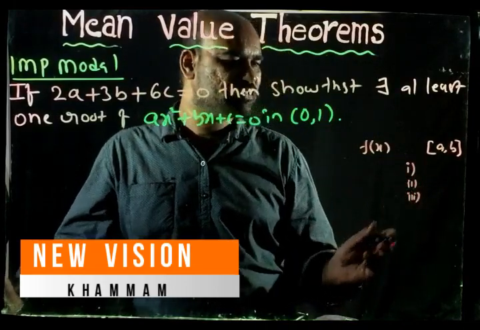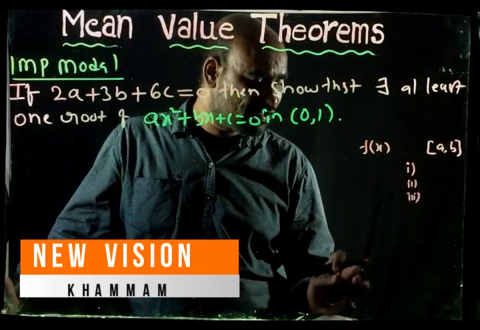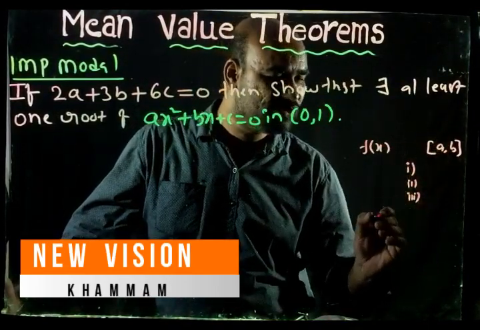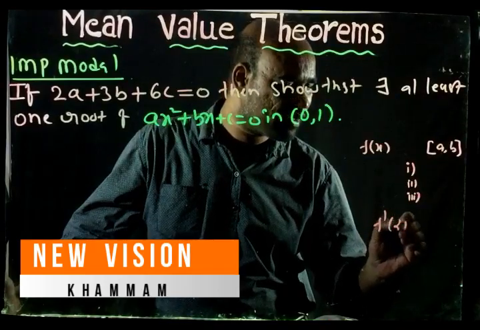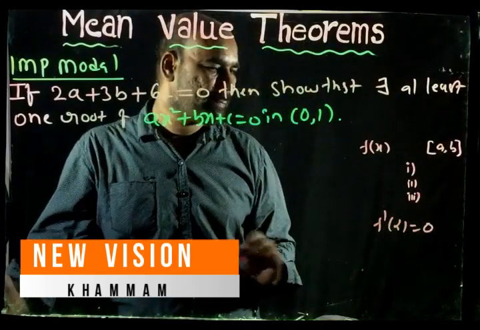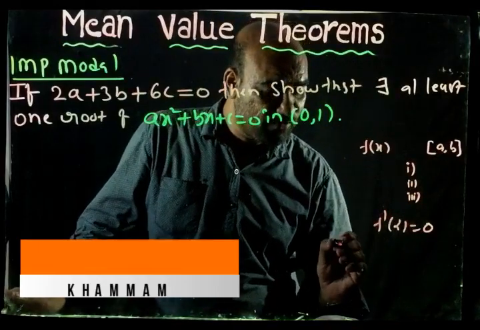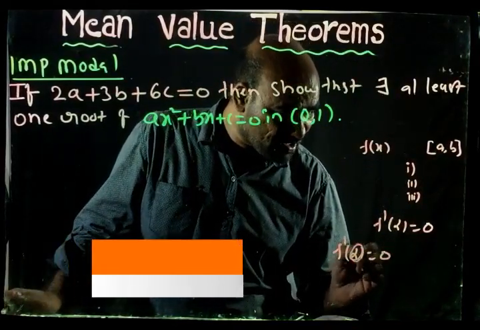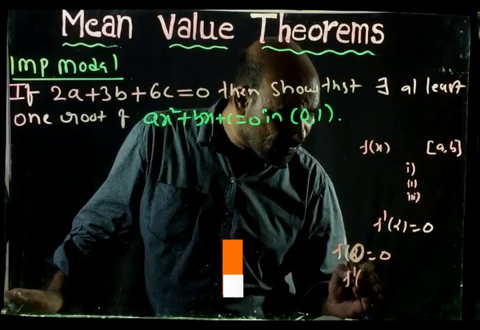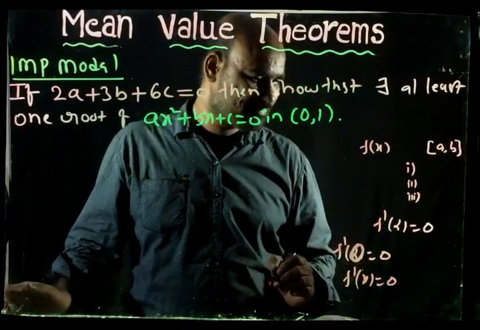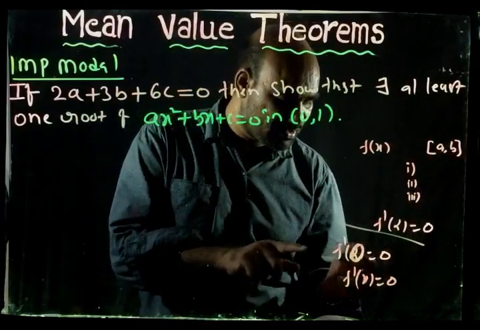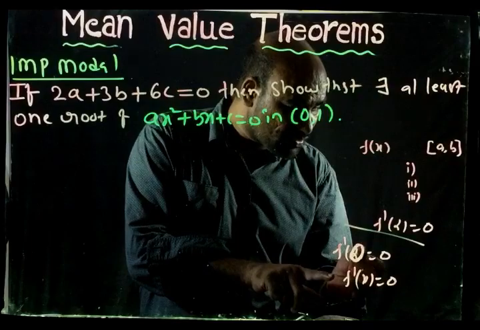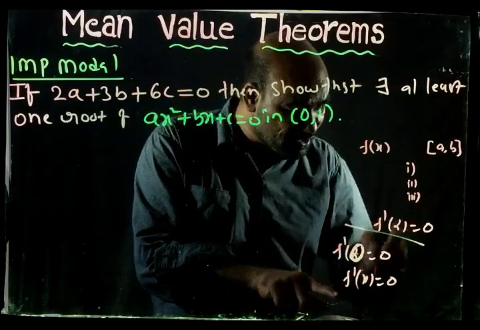If the three conditions are satisfied by this f of x, then you can say that there exists an alpha in between a and b so that f dash of alpha equal to 0. f dash of alpha equal to 0 means alpha is the root of f dash of x equal to 0 equation.